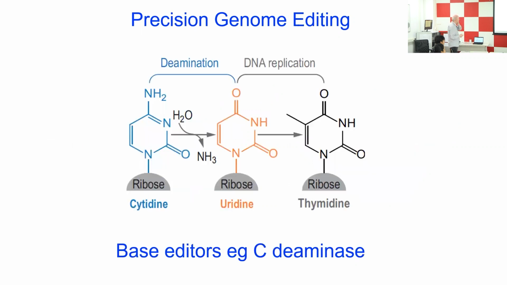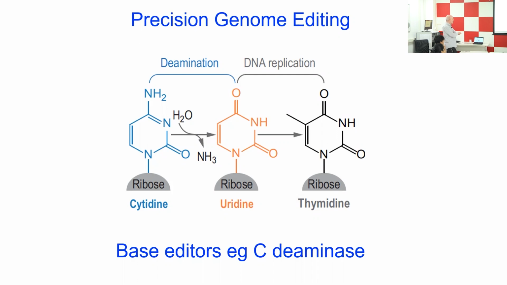On the other hand, in the last few years, a large number of proteins have been isolated that are cytosine deaminases. Cytosine deaminases are enzymes present in many cells that will find cytidines in the DNA and deaminate them to convert them into uridine.